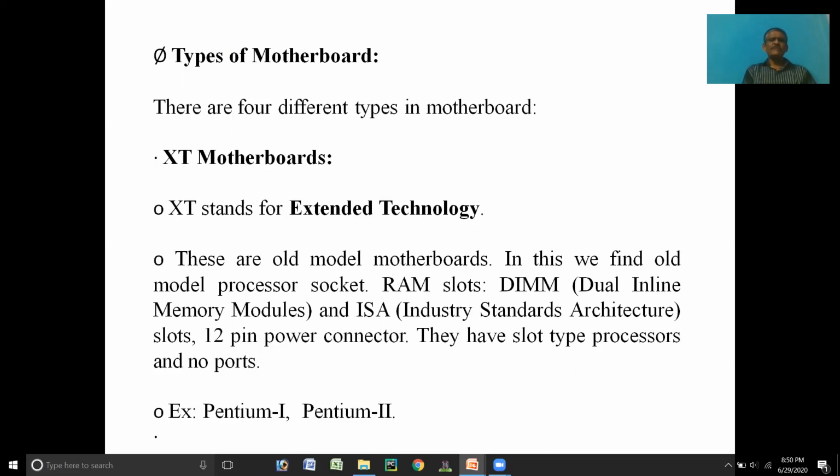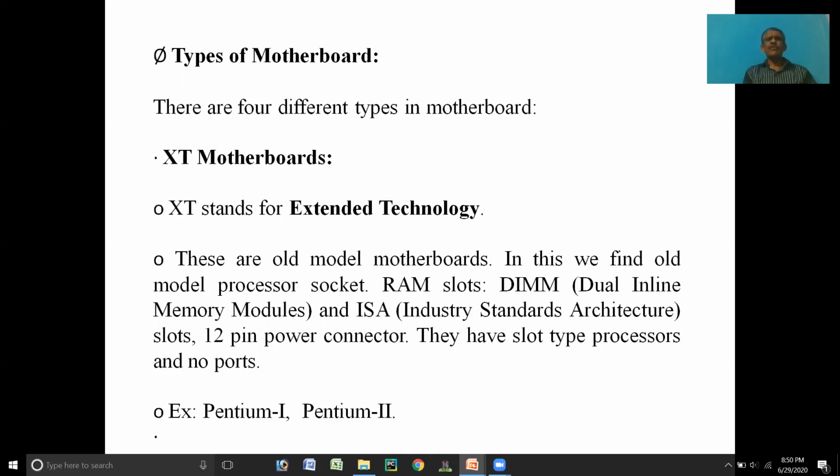First one, XT motherboards. Second one, AT motherboards. Third one, baby AT motherboards. And fourth one, ATX motherboards.